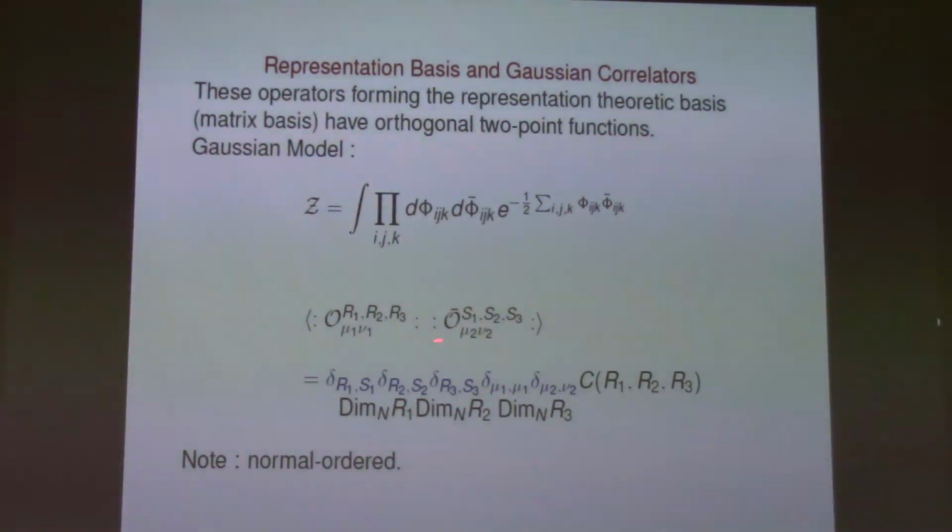basically, this is a kind of normal ordered correlator, which means that when I compute this by Wick contractions, I only allow Wick contractions from here to here, but not within this guy. And if I do that, the two-point function of normal ordered operators is diagonal. All these labels have to be the same here and here.